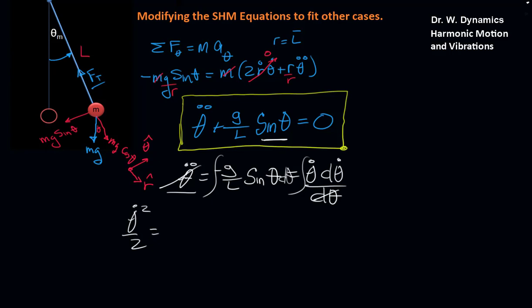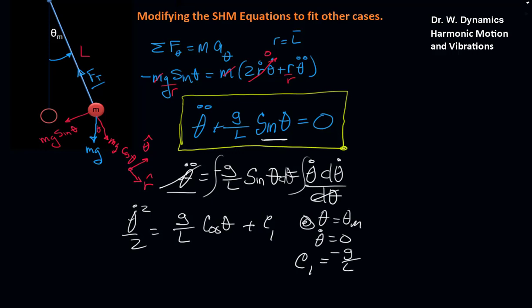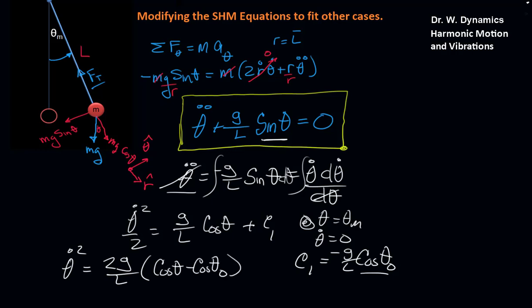and we'll get that theta dot squared on 2 is positive G on L cosine of theta plus C1, and at theta equal to theta max, theta dot was 0, so C1 will be negative G on L cosine of theta 0, at which case we have theta dot squared is 2G on L, cosine of theta minus cosine of theta 0.